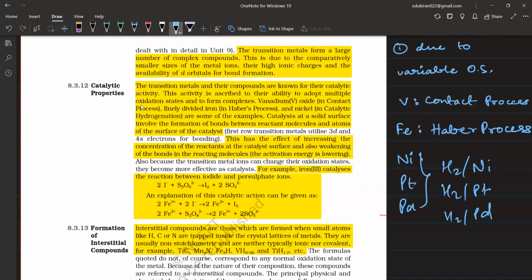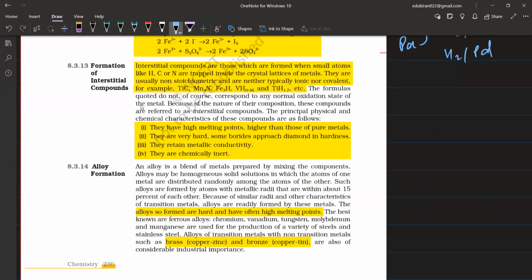In interstitial compounds, how are interstitial compounds formed? For example, if you have metals in D elements, the D metals, and you get impurities in the form of small atoms such as hydrogen, carbon, and nitrogen. If they get inside the D metal as an impurity, those things are known as interstitial compounds.